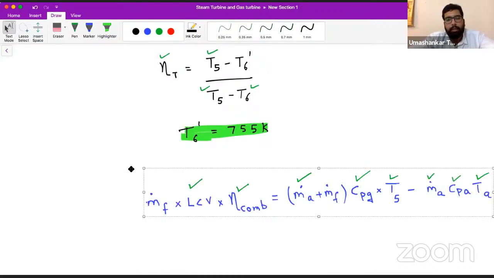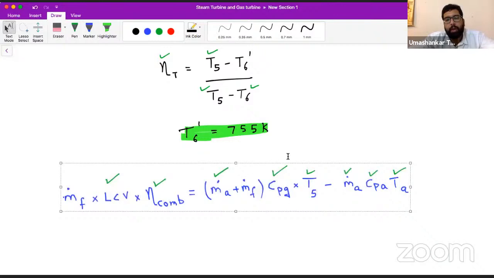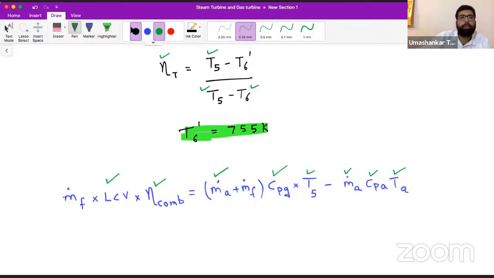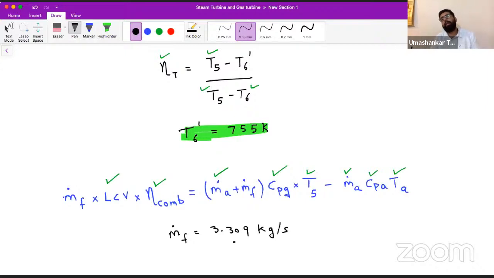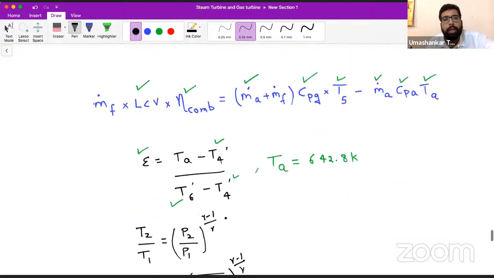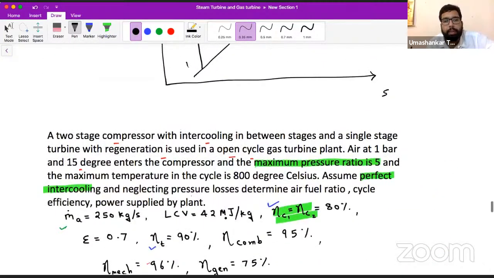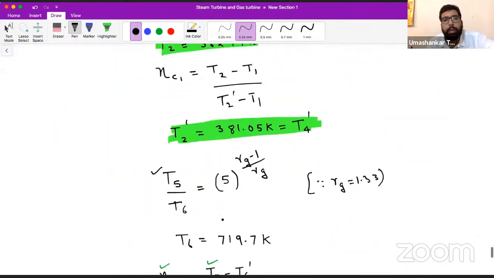Now we have all the values, so from here we can certainly find the mass flow rate of the fuel, and it will be 3.309 kg per second. So how did we do it? Is that clear or not? Once you have the mass flow rate of fuel, you can definitely find the air fuel ratio. So do it by yourself.